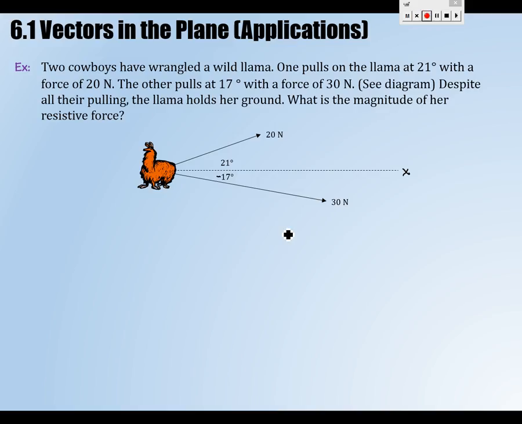I think when we add them, we'll get some vector, something like that. It's probably closer to the x-axis than I've drawn it, right?